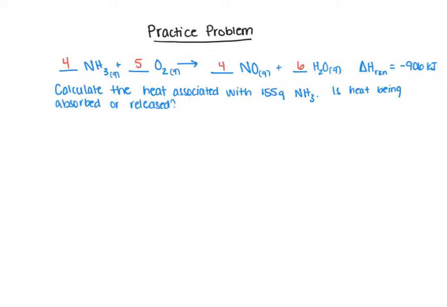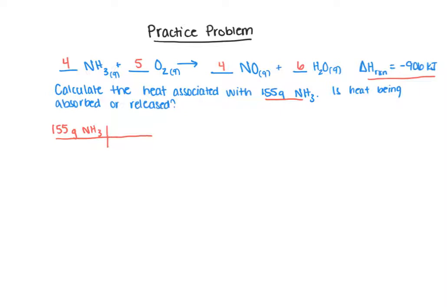We're going to start with our given value, which is 155 grams of NH3. So we know we can't get from grams to kilojoules, but this value here is for the reaction in terms of the molar ratios of the reactants and products.